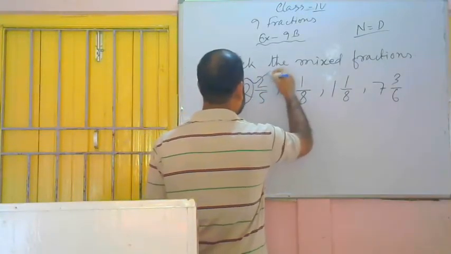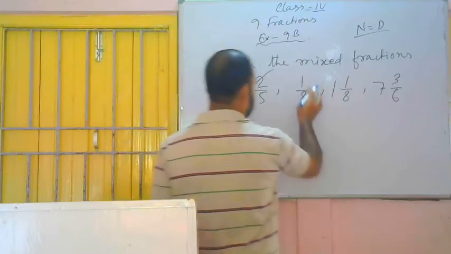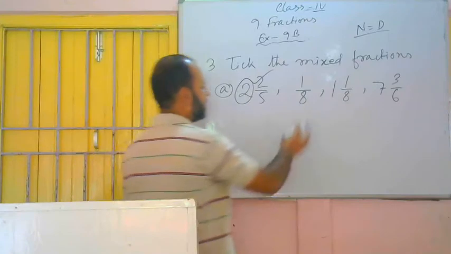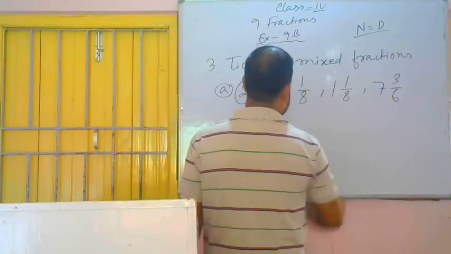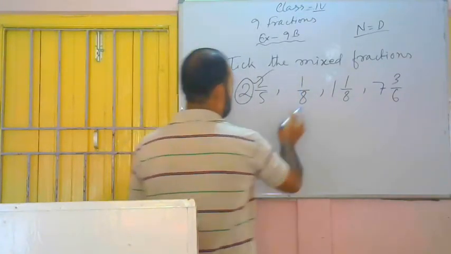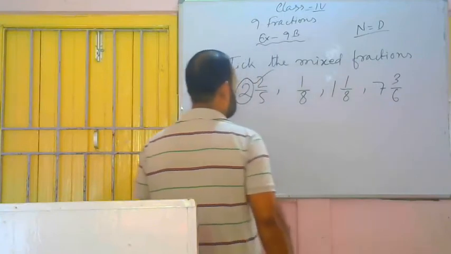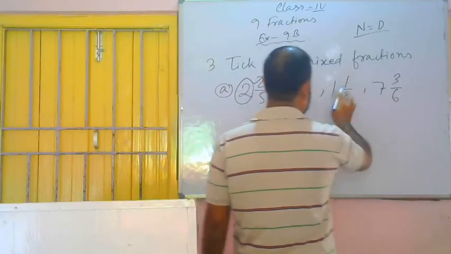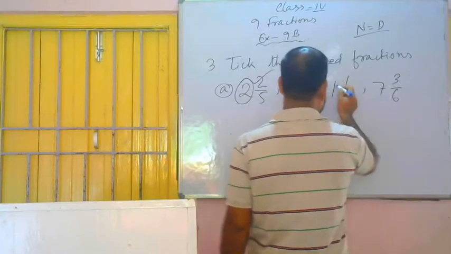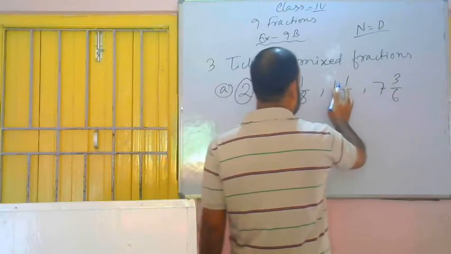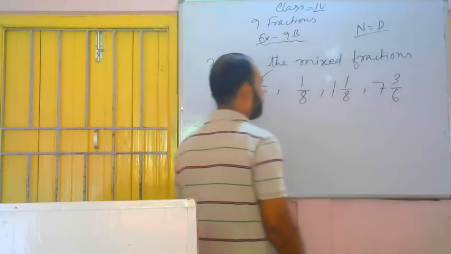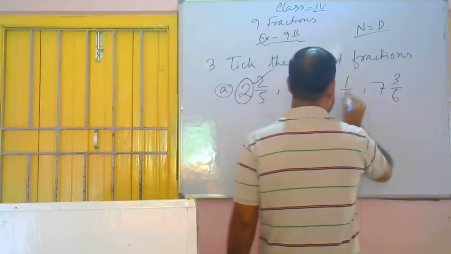We take this one. Next, 1/8: no whole number is there, only a proper fraction is there. So this one is not a mixed fraction. Next, 1 1/8: here 1 is the whole number and 1/8 is a proper fraction, so this is a mixed fraction.